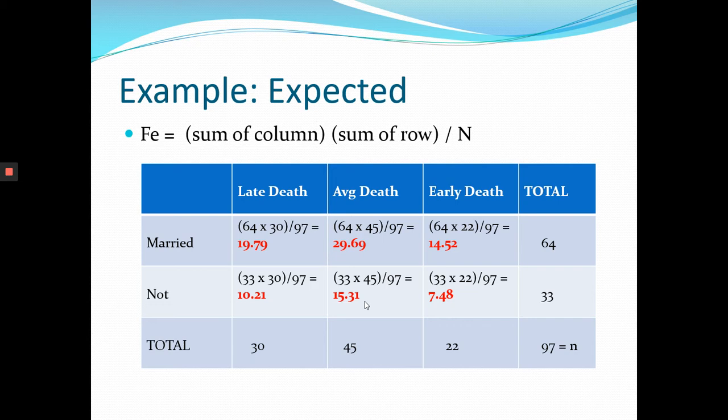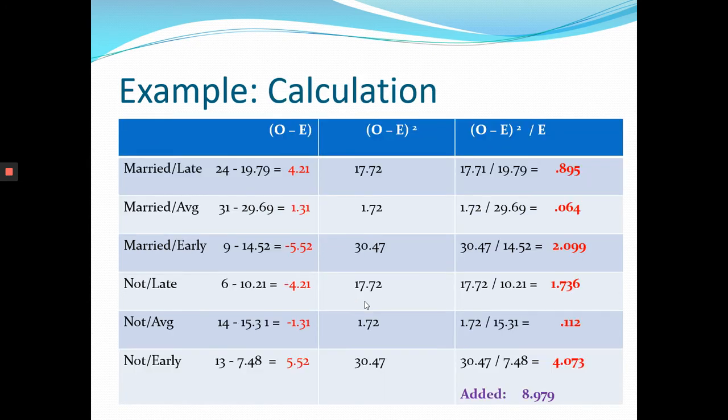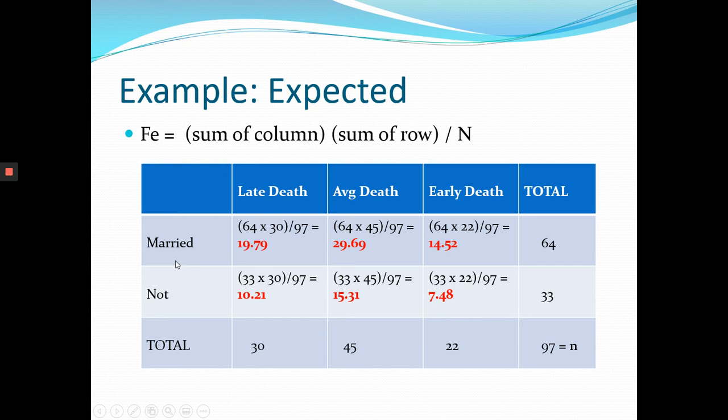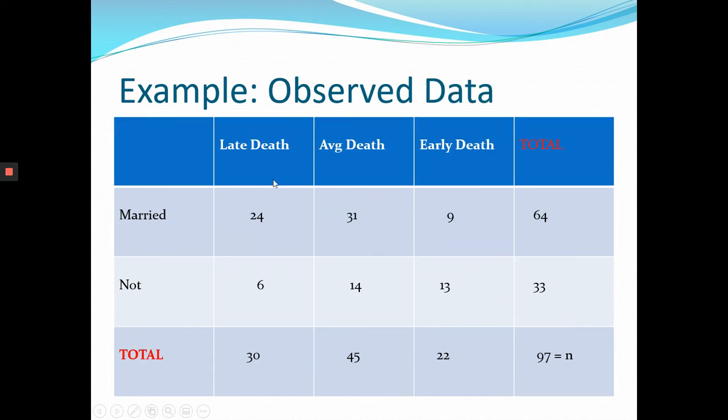So now we have the observed and we have the expected number of people for each cell. Now we just simply calculate things. Remember, the formula is the sum of O minus E squared over E. I'm just going to take you through each little step. So let's get O minus E first. So married and late, how many people were in there?